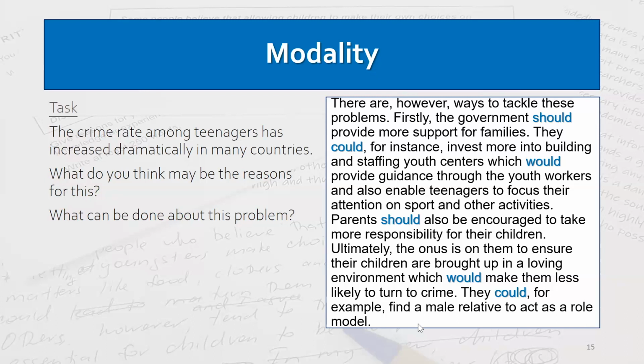But in this paragraph, you can also find the modal would, would, would. Here the use of would is basically not to make suggestions, but to give a prediction of something.